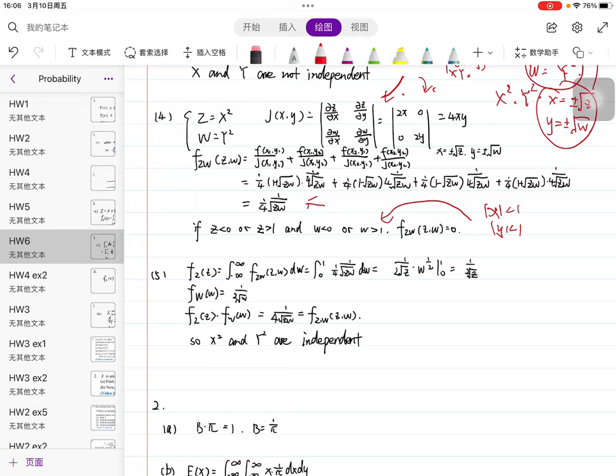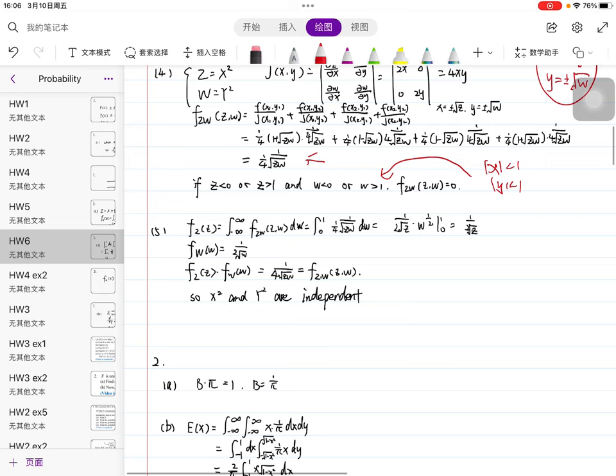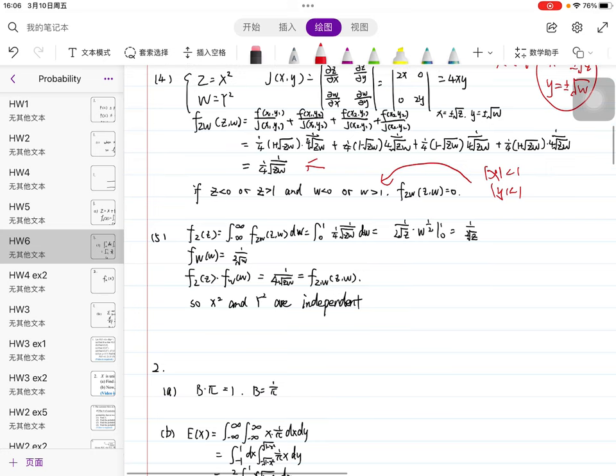For the last question, we are going to prove whether Z and W are independent. We just calculate whether the product of these two marginal density functions equals the joint density function of Z and W. If they are equal, they are independent.